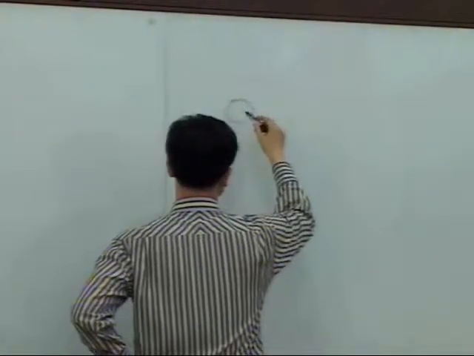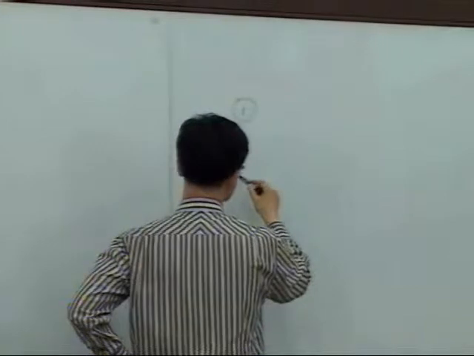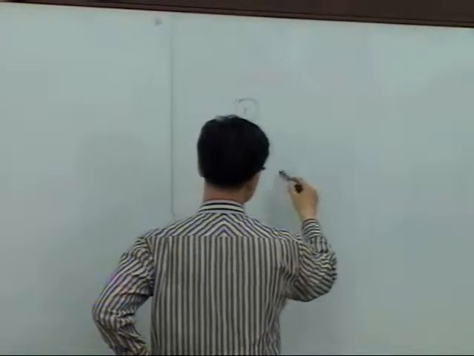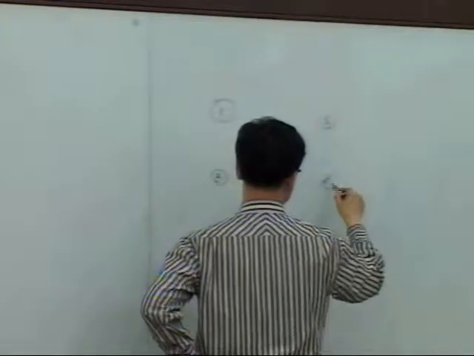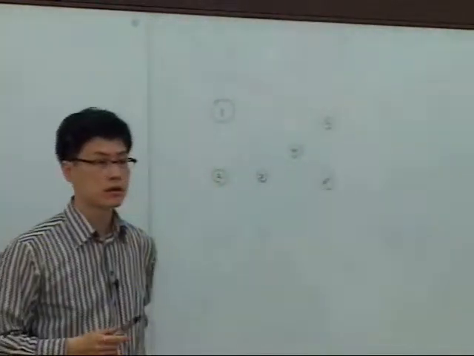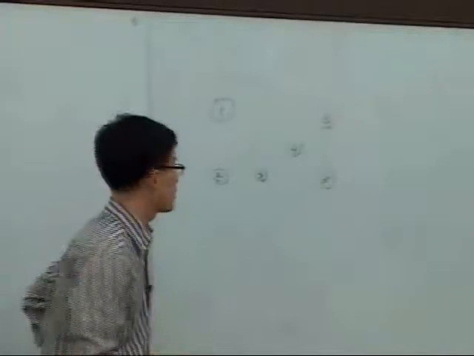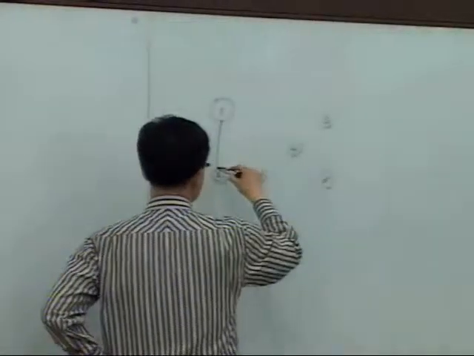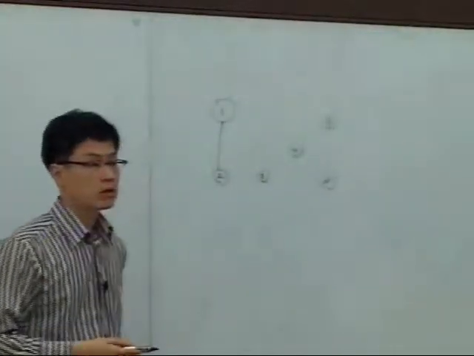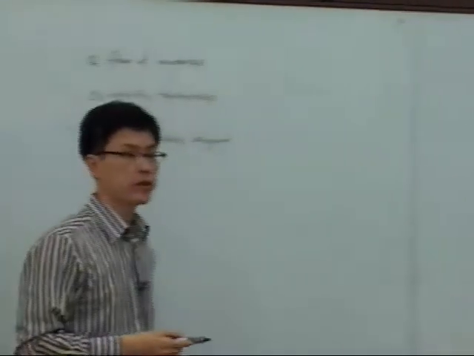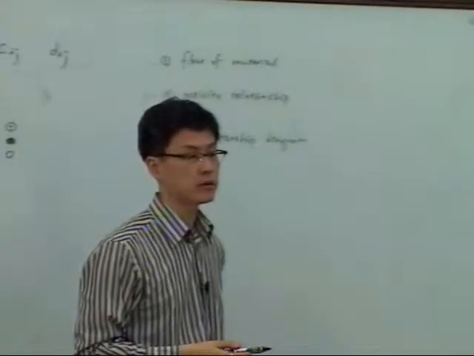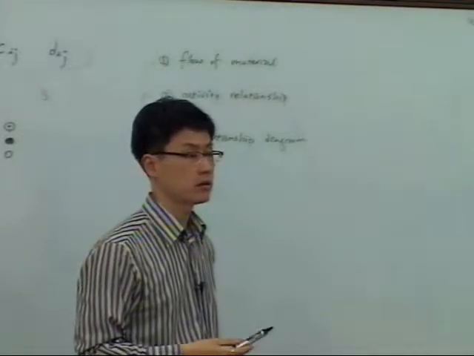If this is department 1, department 2, department 3, department 4, 5, 6, we can draw that department 1 and 2 are related. How can we tell whether two departments are related or not?